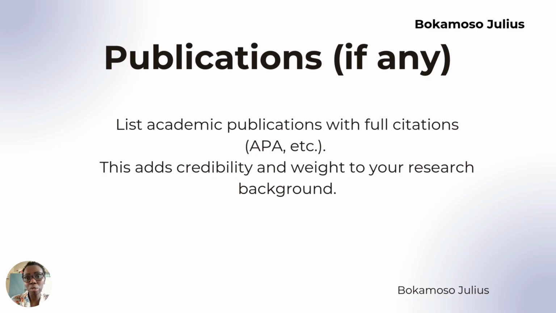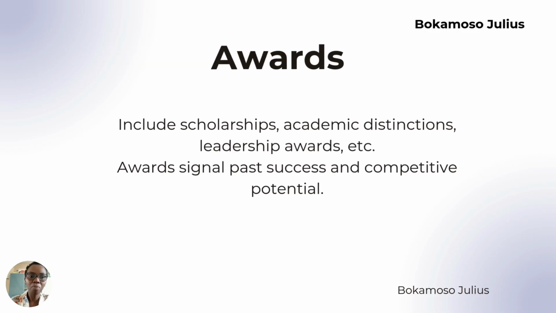This will add credibility and weight to your research background. If you don't have publications, again, don't add the section on your CV. Awards, did you win any awards? Academic awards, scholarships, you mention those awards here. And if you don't have any awards, there's no need for you to have that section on the CV.